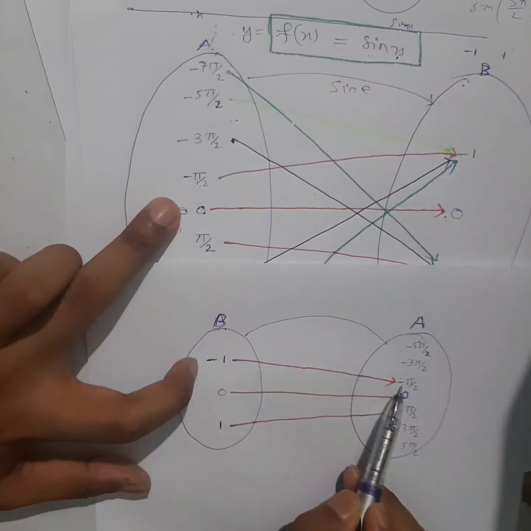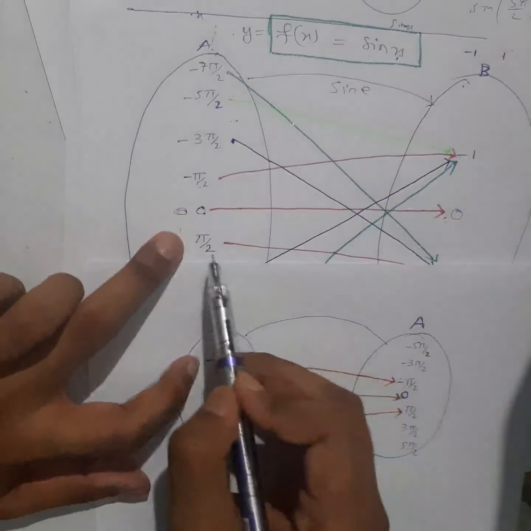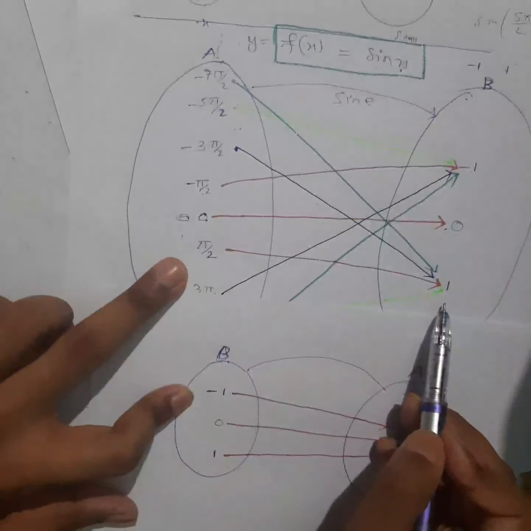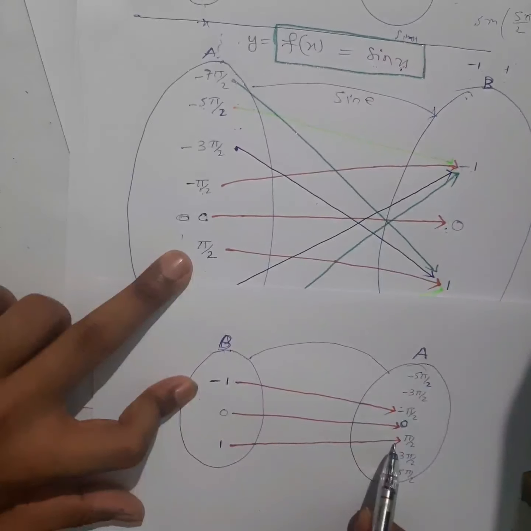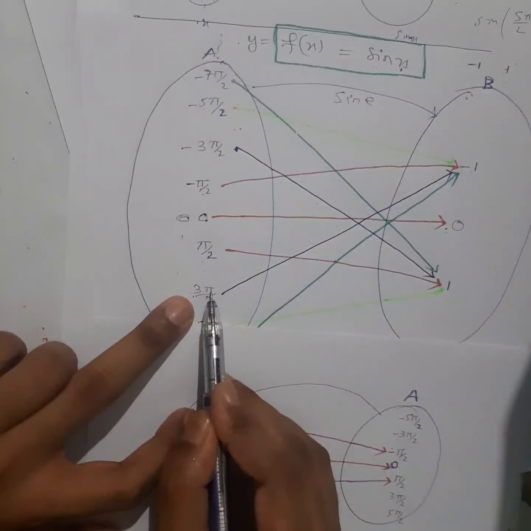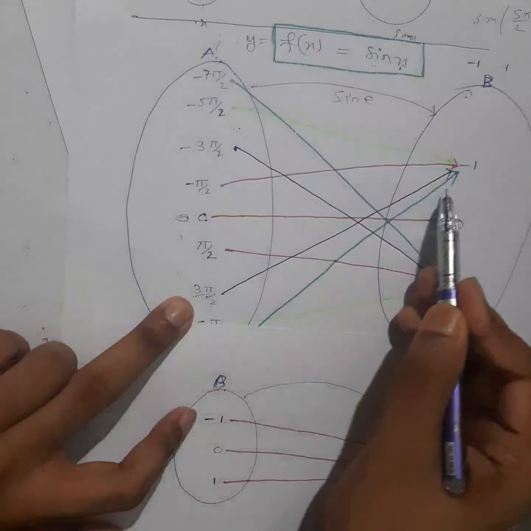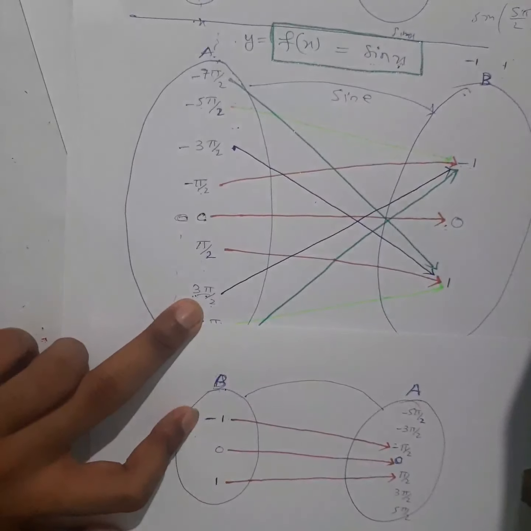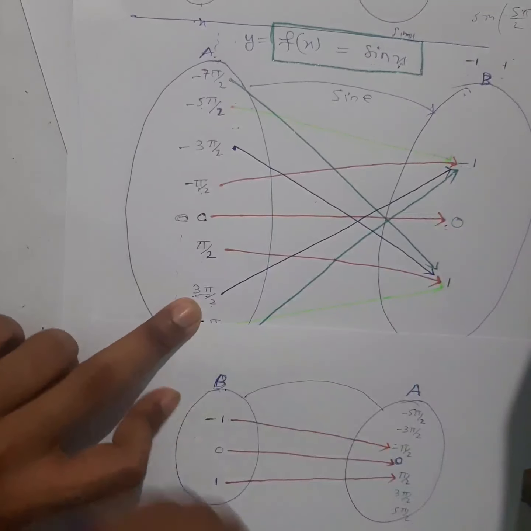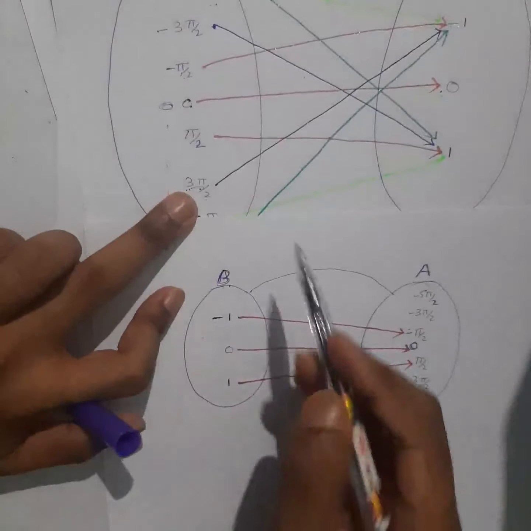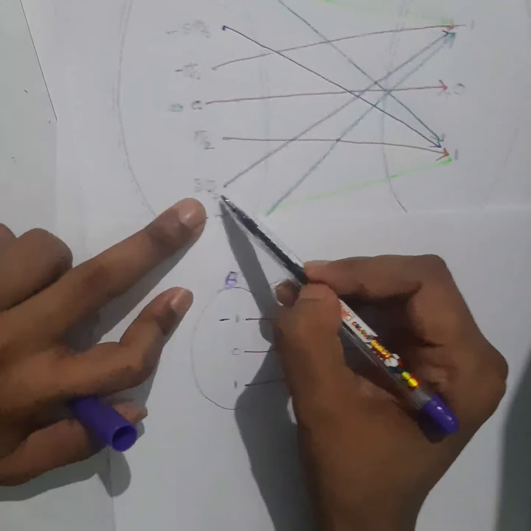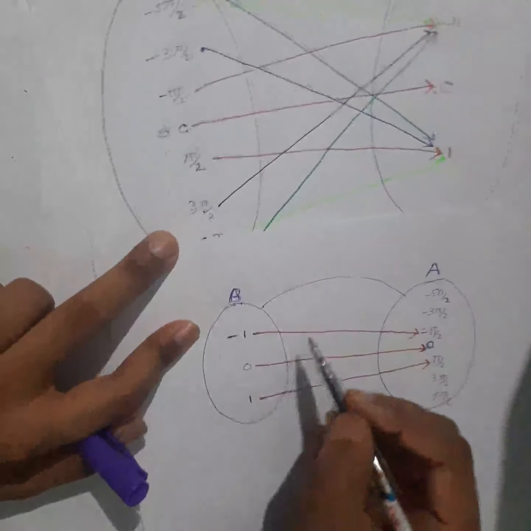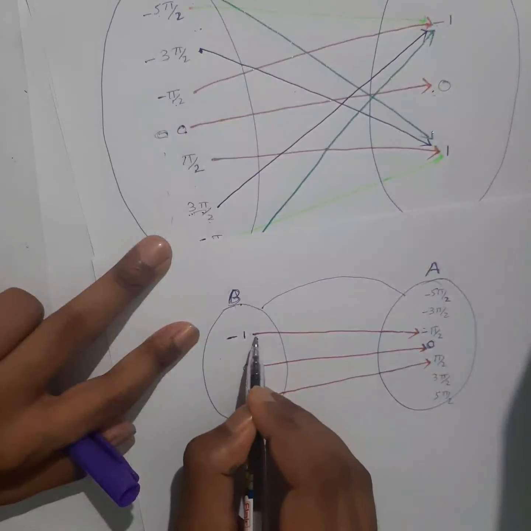Next pi by 2 image is 1, so 1 image will be pi by 2. Same way 3 pi by 2, what is the image? Minus 1, so minus 1 image will be 3 pi by 2, right?